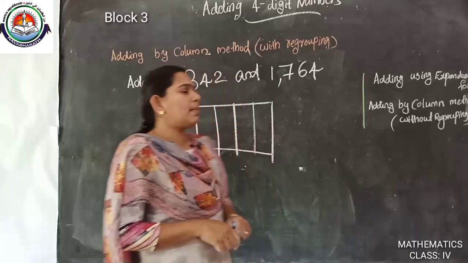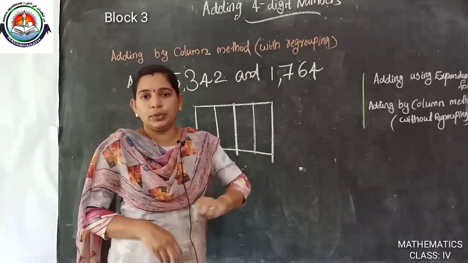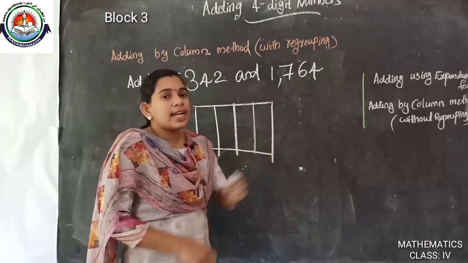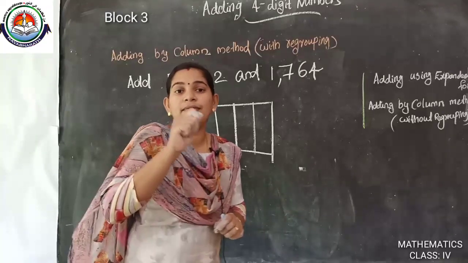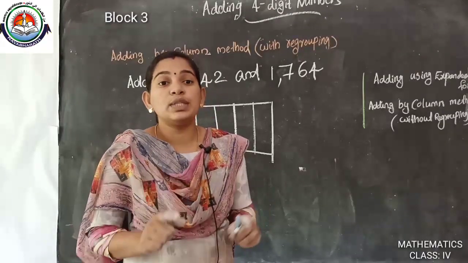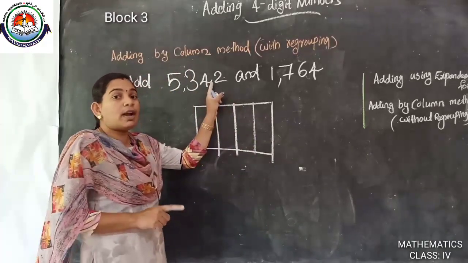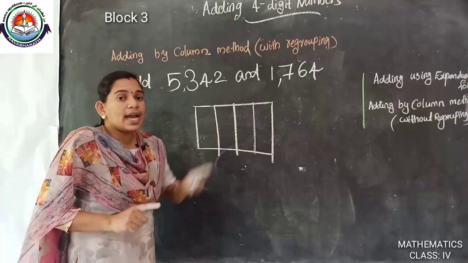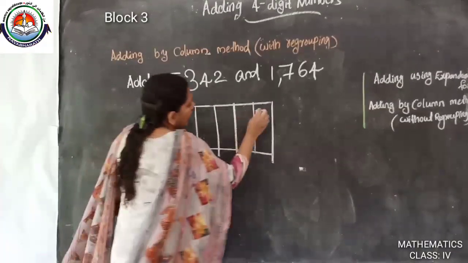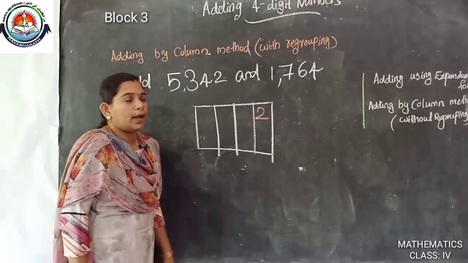What is the first number here? 5342. In the right side first column, which digit do we place? Ones place digit. The ones place digit is 2. So we write 2 in the right side first column.